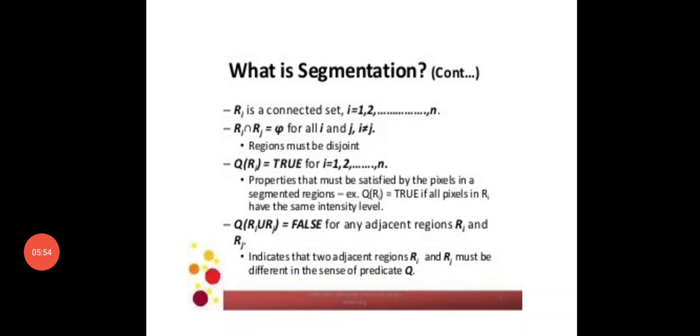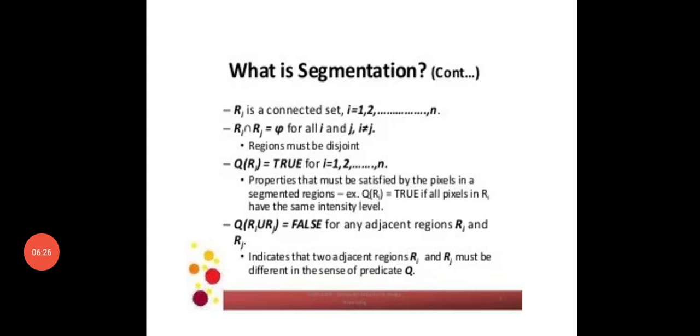Here the symbol U represents the union, while the inverted U represents intersection. First, Ri is a connected set, for i equal to 1, 2, up to n. Next, Ri intersection Rj is equal to null, where phi is nothing but null, for all i and j where i is not equal to j.